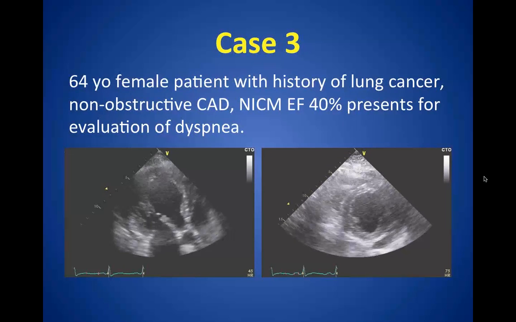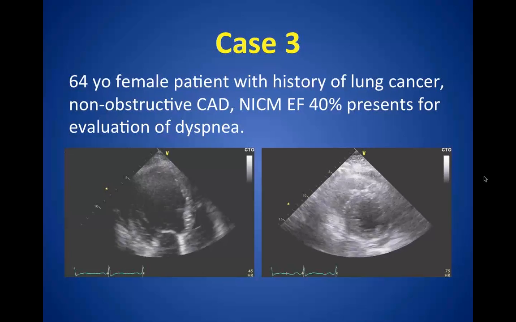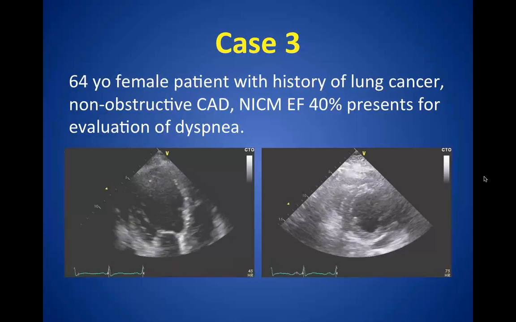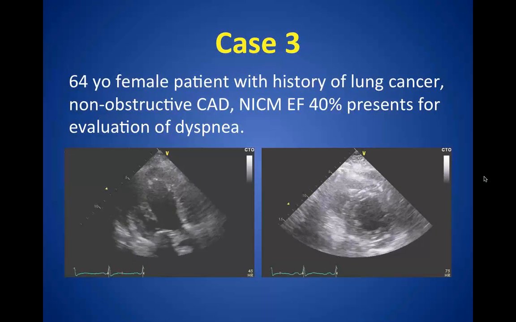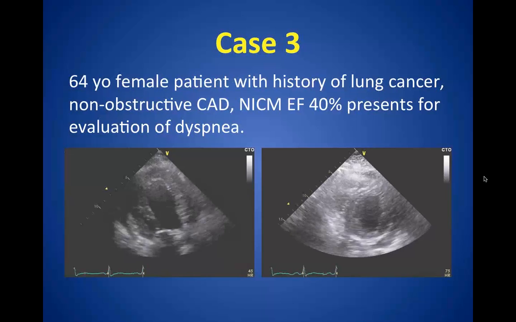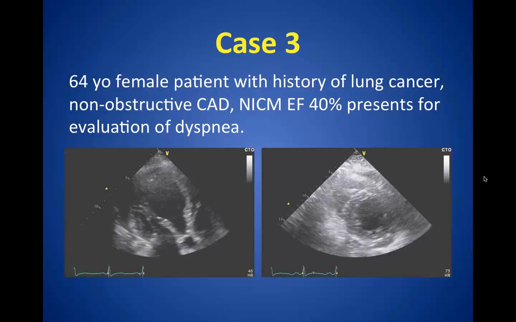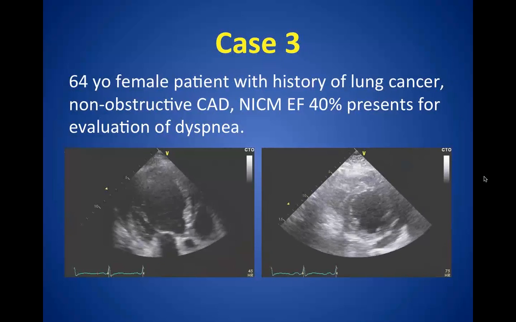Our next case is that of a 64-year-old female. She has a history of lung cancer and non-obstructive coronary artery disease. She also has a history of ejection fraction of 40%. You're told that she has non-ischemic cardiomyopathy, and now she's presenting for evaluation of dyspnea, and a differential for this patient is very broad for dyspnea.